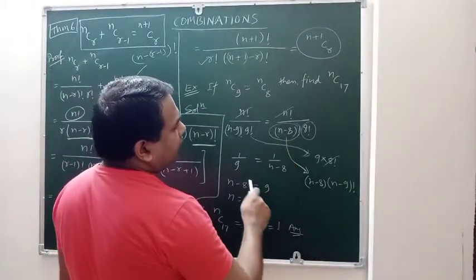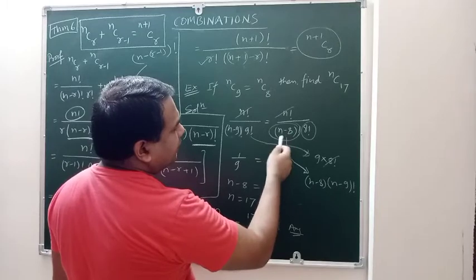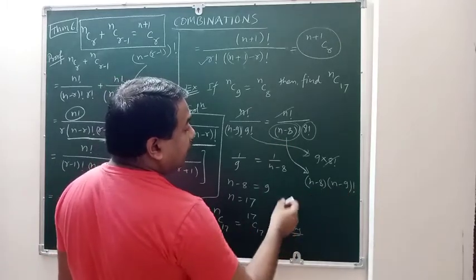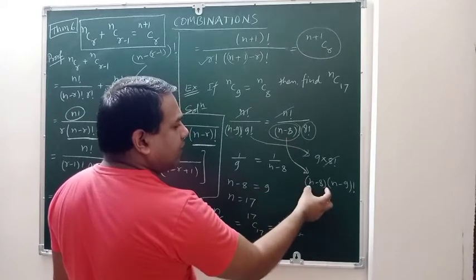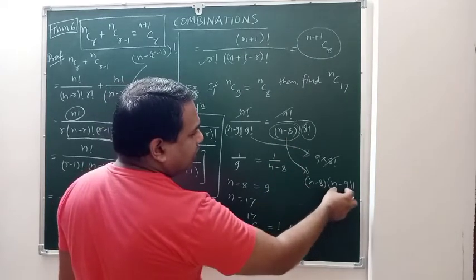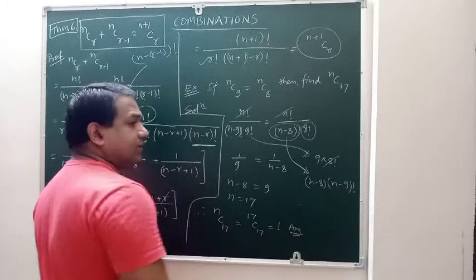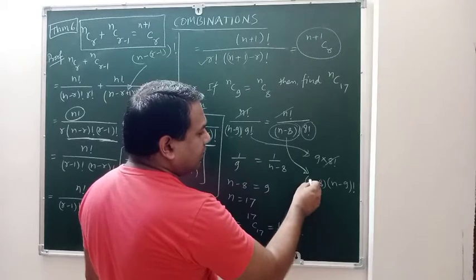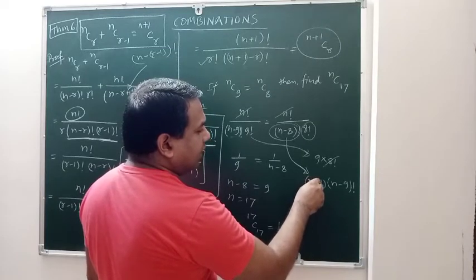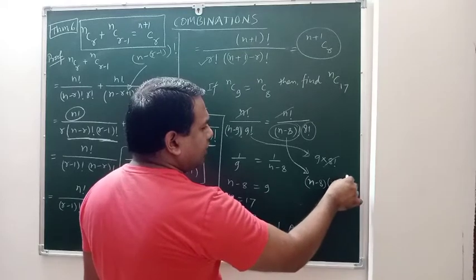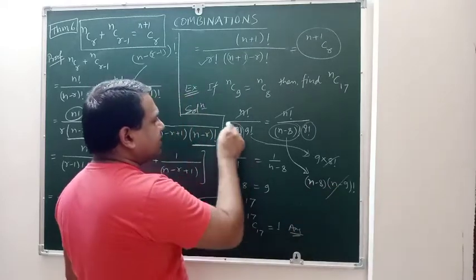From here what we will do is subtract one more number and we'll get (n minus 1) factorial. If we take common (n minus 8) here, then the number will become lesser and lesser. So now (n minus 8) into (n minus 1) factorial, and this will cancel with this term.